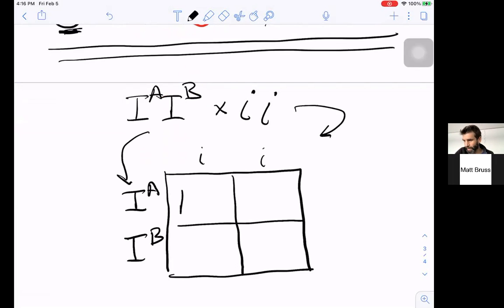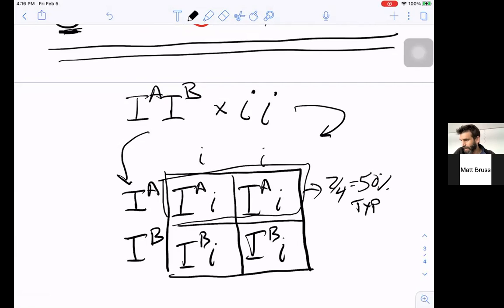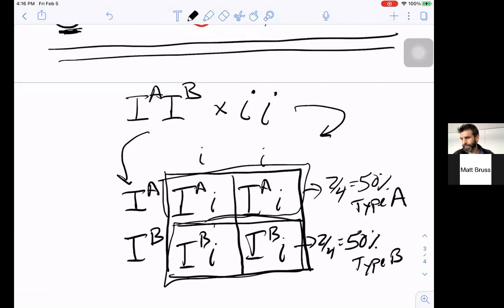And then we match up in the boxes, and we see that there is a 2 out of 4, or 50% chance of having a child that is type A, and 2 out of 4, a 50% chance of having a child who is type B.